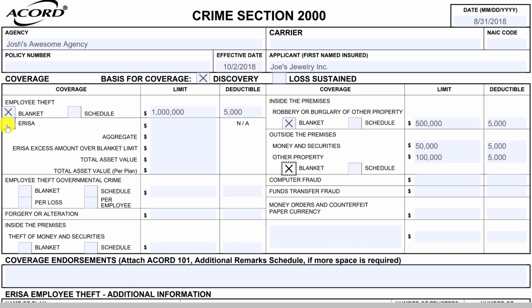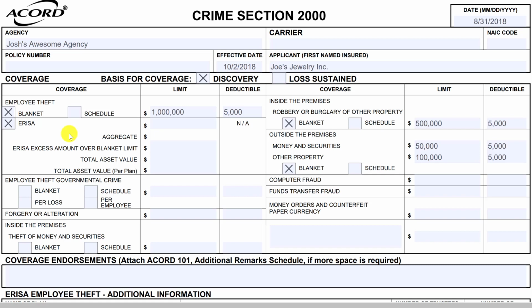Bond's different than insurance, but in some cases, in order to comply with the ERISA Act, which is a government act where a business needs to be covered in the event that they mess up the funds of their employees, you'd want to put down an aggregate limit here that is at least 10% of the total plan amount.